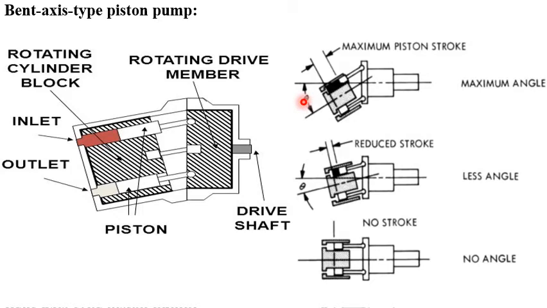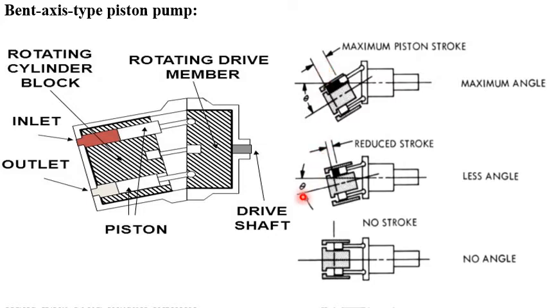It mainly varies from 0 degree to 30 degree, and inlet and outlet strokes happen as the distance changes between the cylinder block and this drive flange.